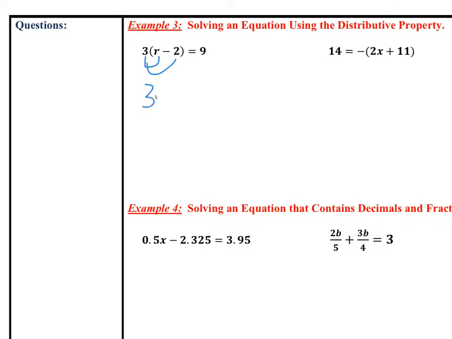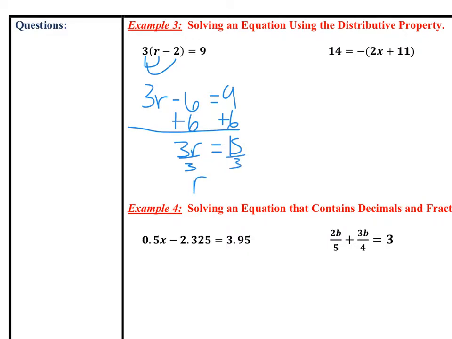So 3 times r is 3r, 3 times -2 is -6, and it equals 9. Now I will start undoing. So I will add 6 to get rid of the -6. 3r now equals 15, and divide 3 to get rid of the multiplication, so r equals 5.